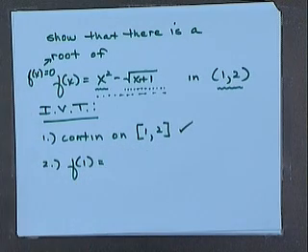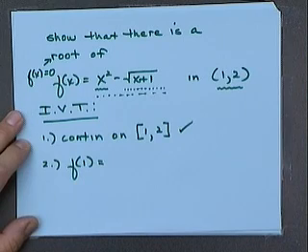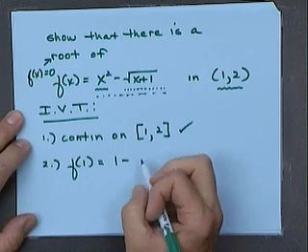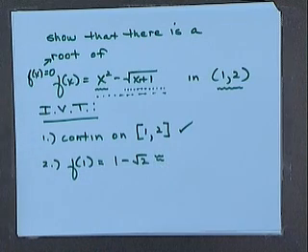If we want the function to take on the value 0, we need to see where it is at 1 and where it is at 2, and hopefully 0 is somewhere in between those two values. So what's f of 1? 1 minus the square root of 2. Let's get a decimal approximation: -0.414. Does that sound right?